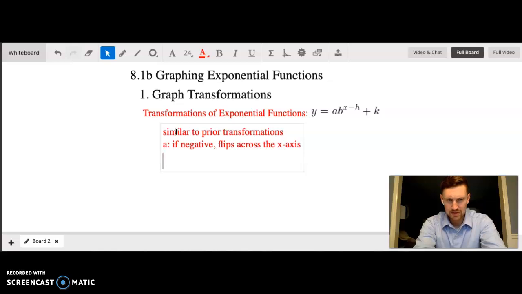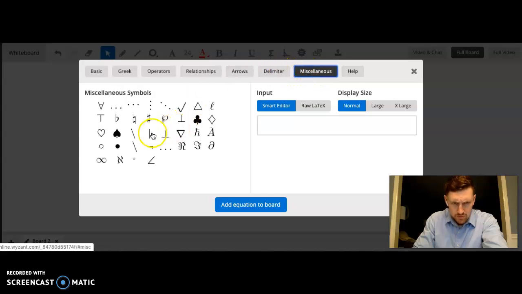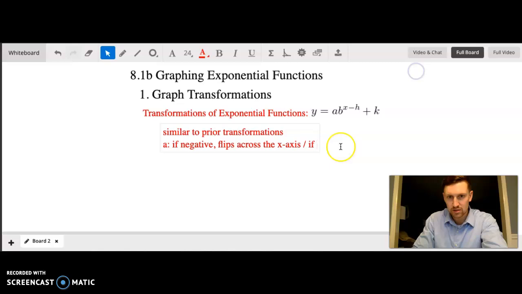And then within that, we'll add this to the a part. Essentially, if the absolute value of a is greater than 1, then we'll say that it's stretched from the x-axis.